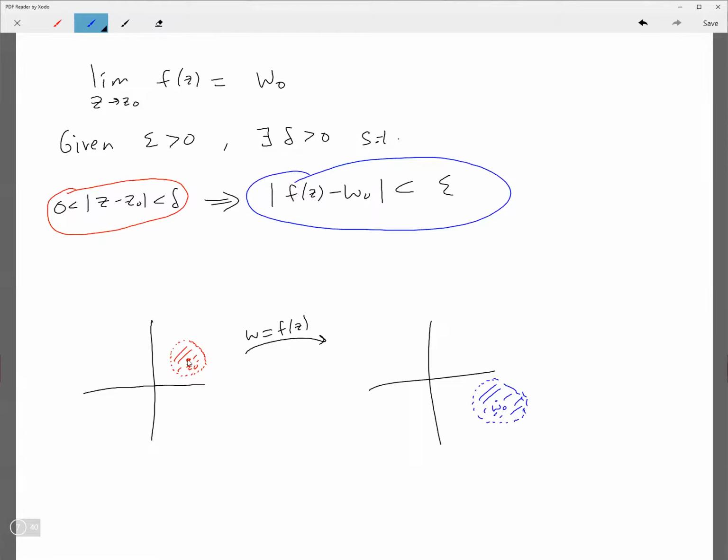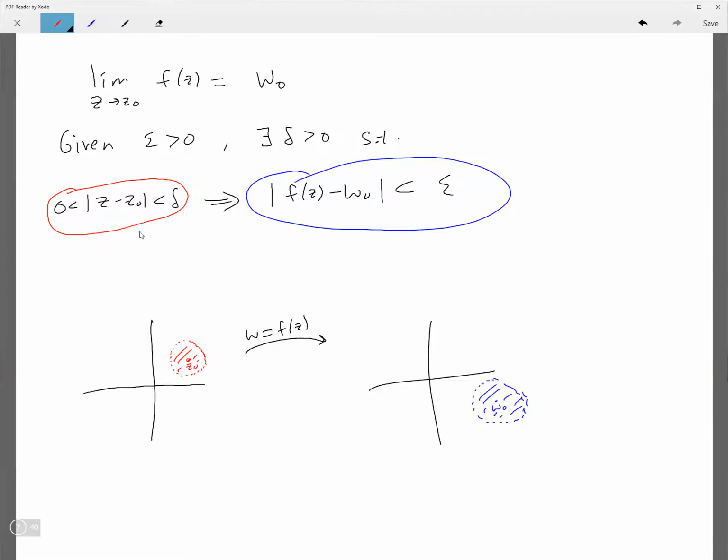It's typically undefined because that's where things are interesting, where z naught is undefined for the function. So every single point in here maps to some point in here. Okay, and that's how you get the limit.